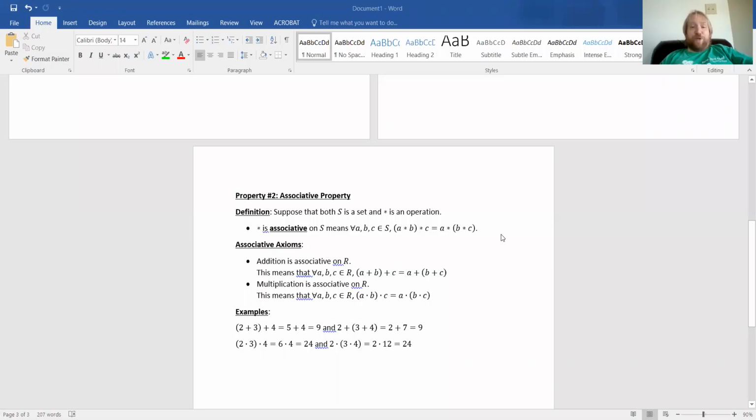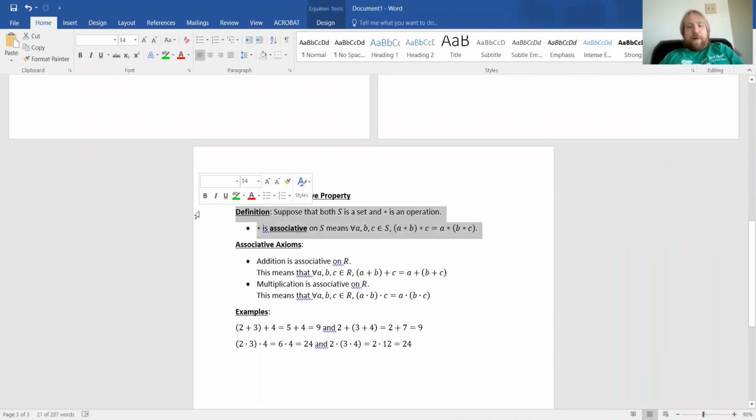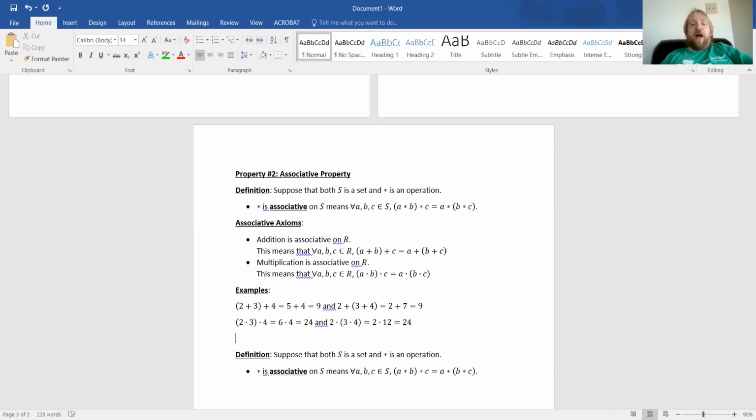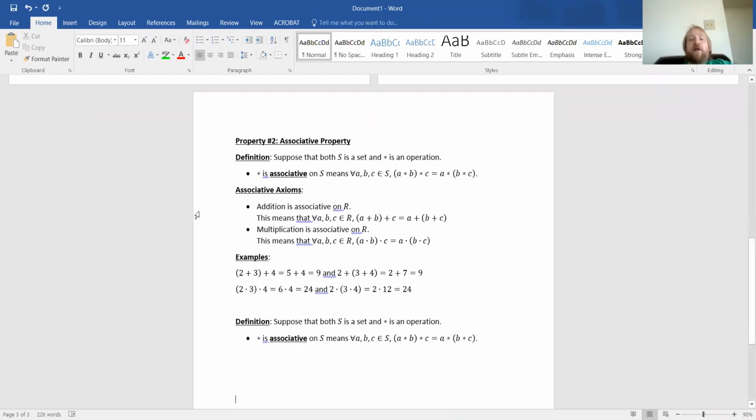Now let's negate the definition of the associative property and look at what it means for things to be not associative. So, we defined the associative property as for every A, B, C in the set S, the quantity A star B in parenthesis star C equals A star the quantity B star C in parenthesis.